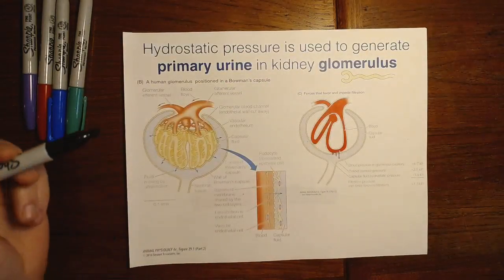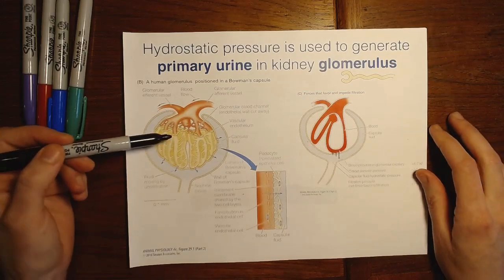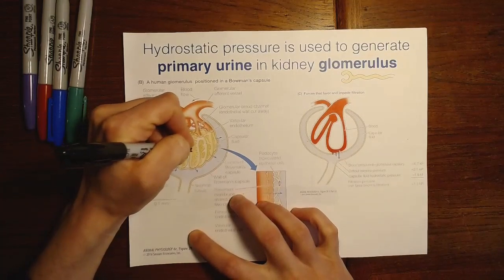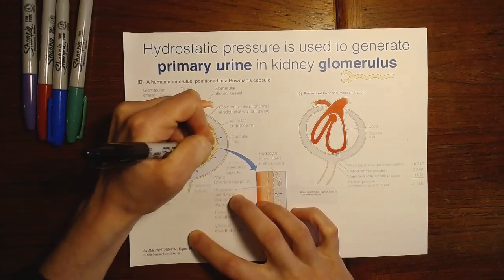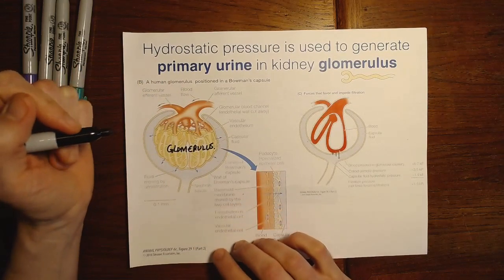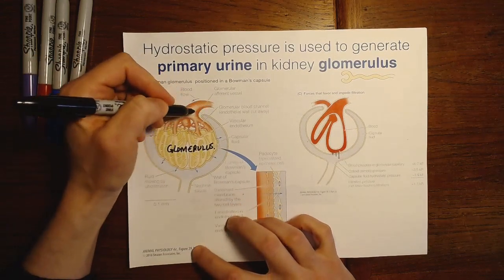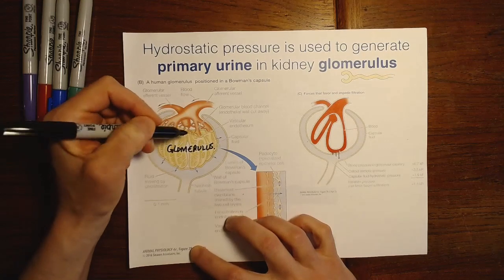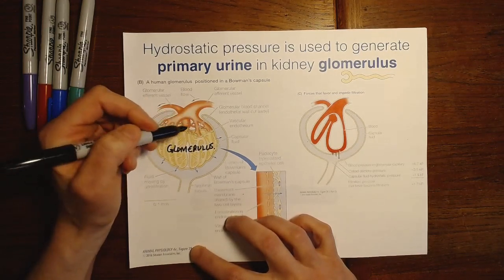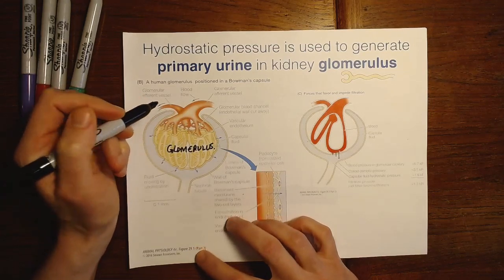Okay, so inside of each Bowman's capsule is a set of blood vessels called a glomerulus. So note a couple of things here. There's an afferent vessel here that feeds into the glomerulus. Then there's a whole bunch of branching inside of the glomerulus, and then an efferent vessel that departs.